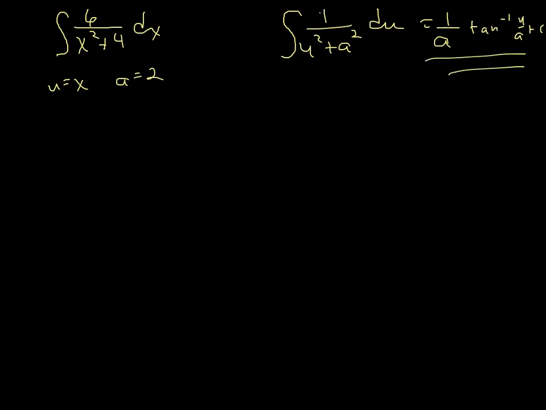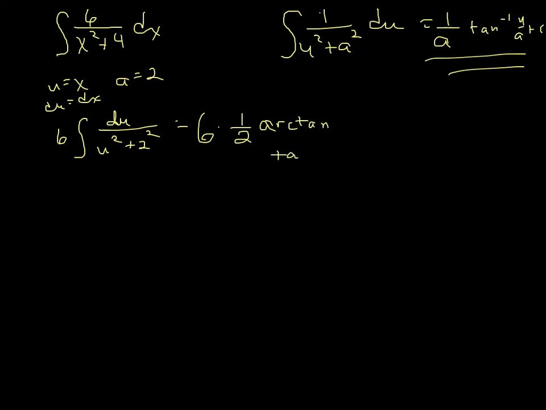Now, of course, that 6 is just a constant, so I'm going to rewrite this as 6, and then du would be just the same thing as dx in this case. So I'm going to write this as u squared plus 2 squared, and I know that that's going to equal 6 times 1 over a arctan. And you could write it as arctan, or you could write it as tan negative 1.